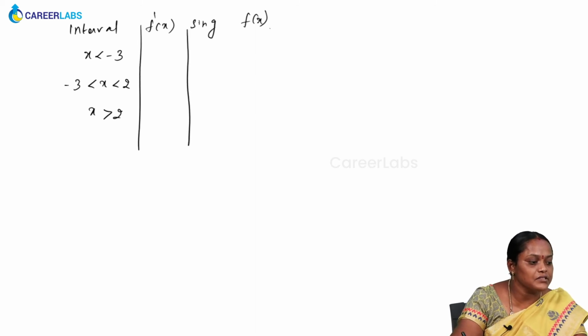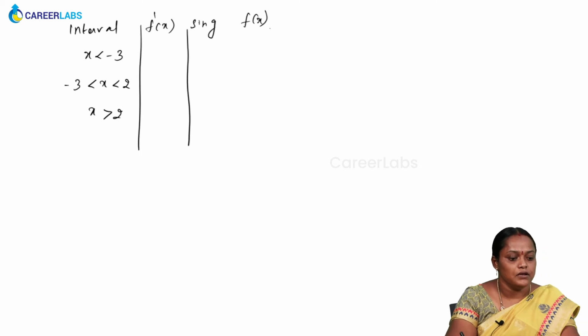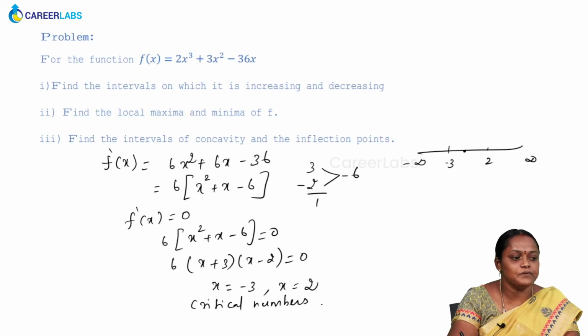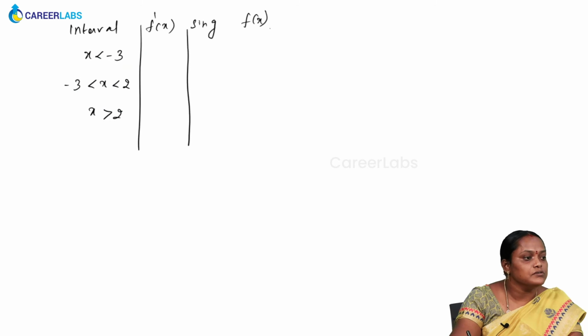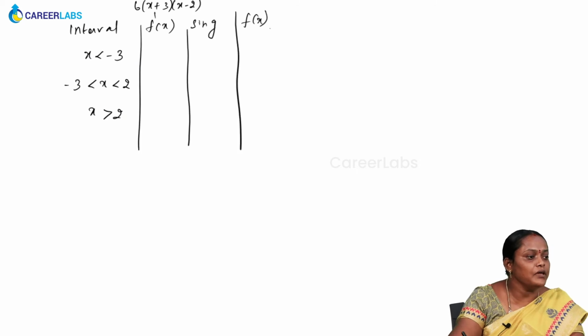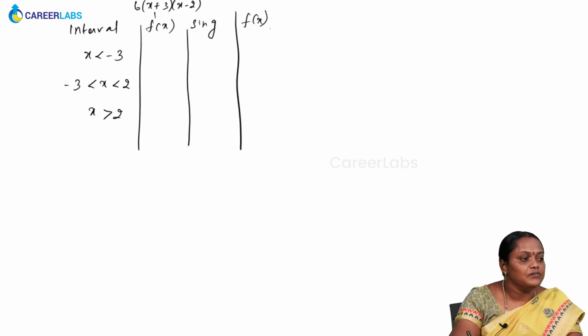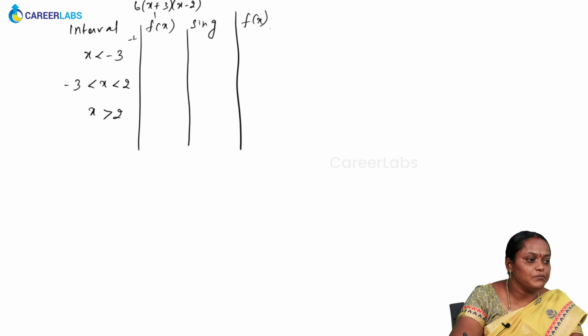F dash of x is nothing but 6 times, as we have done already, 6 times x plus 3 into x minus 2. Okay. So x less than minus 3. For example, let us take some value, say minus 4.